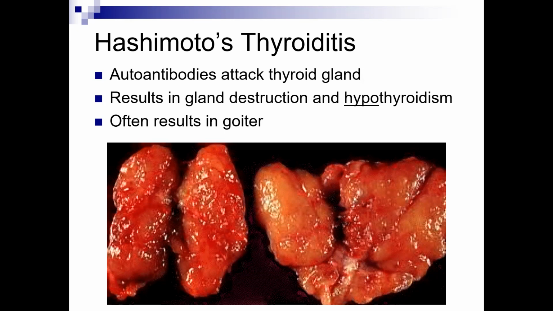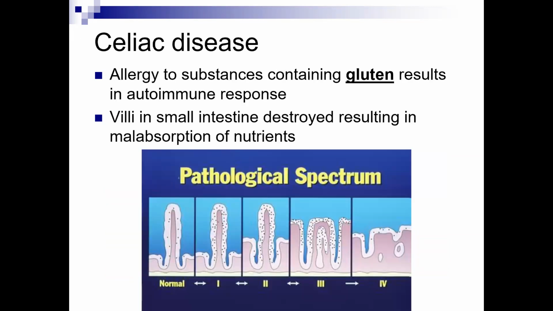Even though goiter is most common in hyperthyroidism, this is a unique feature of Hashimoto's. We have celiac disease. This is an allergy to substances containing gluten, resulting in an autoimmune response. The villi in the small intestine are destroyed, resulting in the malabsorption of necessary nutrients.